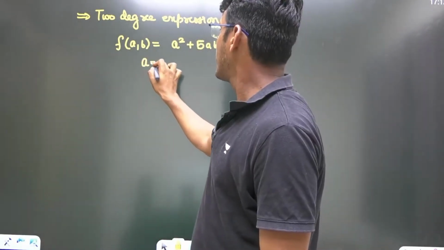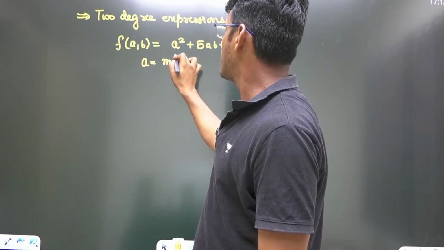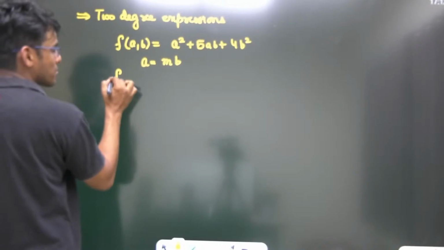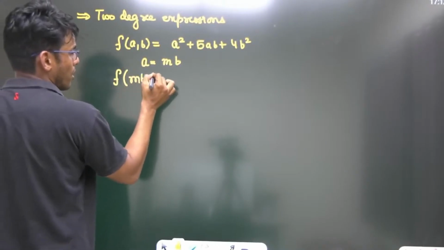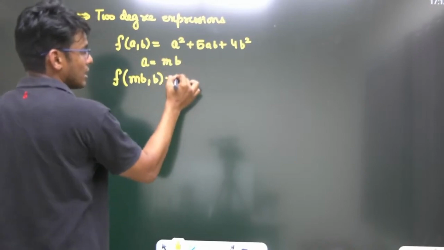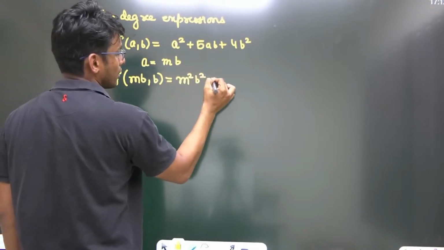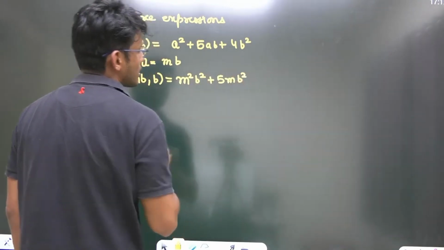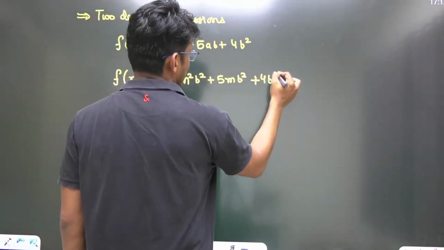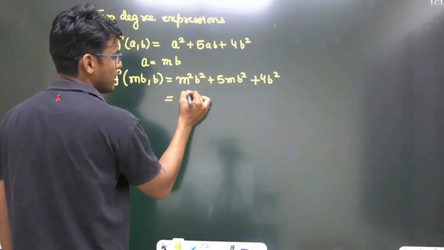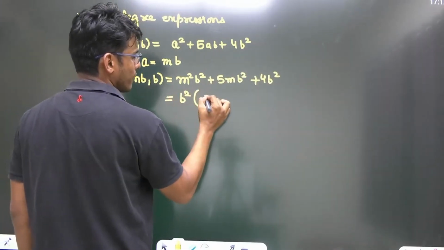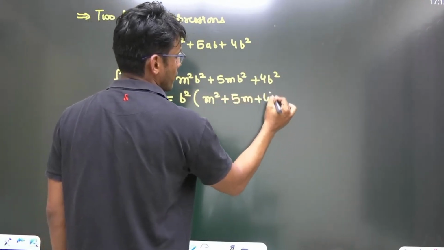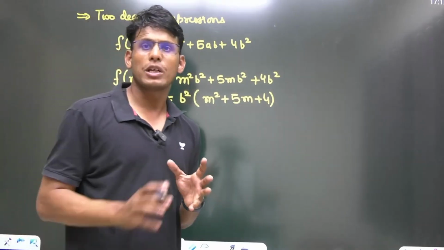Put a is equal to mb. How will it help you? Let's see. Everywhere you have to substitute it. mb comma b. This becomes m square b square. This becomes 5m b square. And 4b square. Now, your b square is common and you get m square plus 5m plus 4.